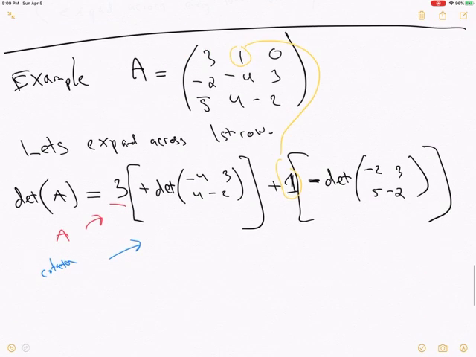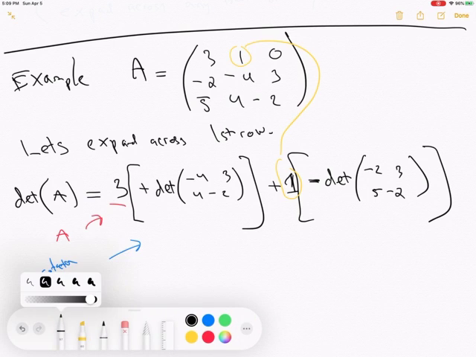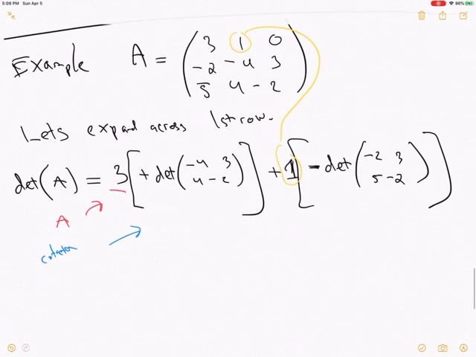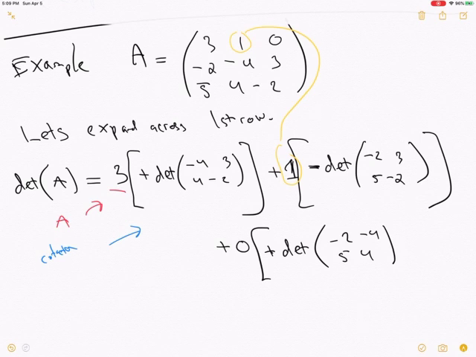Alright, and then if we expand across the first row, the last entry would be plus 0 times whatever. Plus 0, just to be complete, we'll say times the determinant. It'll be a positive now, and it'll be the determinant if we delete that 0 entry, so that's the first row, third column, we get minus 2, minus 4, 5, 4.